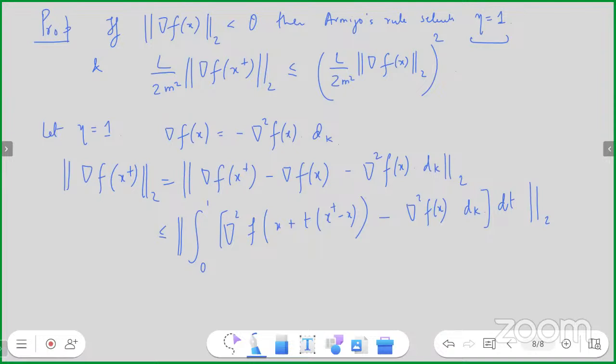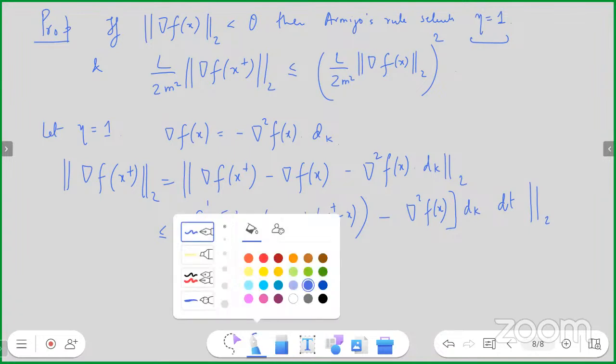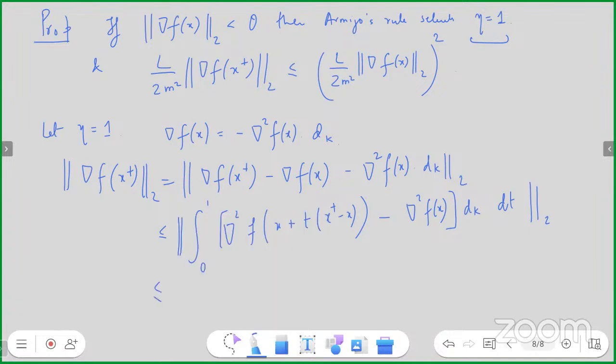So you can actually appeal to the fundamental theorem of calculus and move this inside. Okay. So if this is correct, then what can I do? Then I can simply say less than or equal to, by Cauchy-Schwarz, I can throw away the integral.